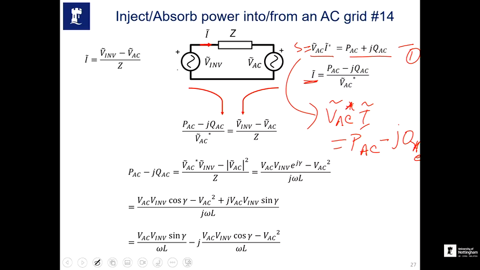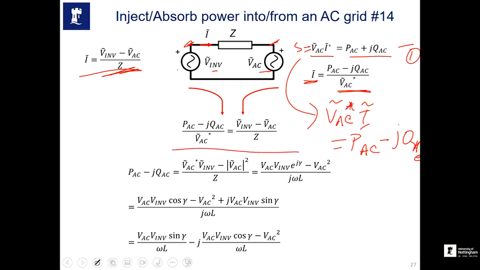So this is one expression of I, and another expression of I by looking at this circuit: because the current is flowing from V inverter to VAC, the voltage difference across Z is V inverter minus VAC. If you divide it by Z, which is Ohm's law, you get the I. So these two I phasor expressions are equal.